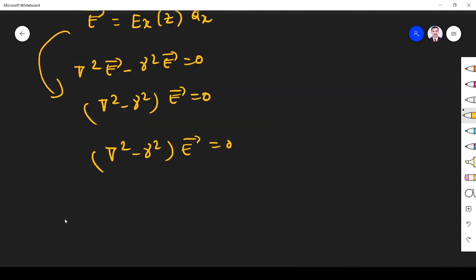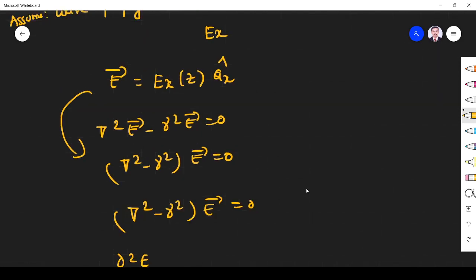Fine, what happens? Del squared is dou squared. E is nothing but Ex(z) ax, which is equal to 0.